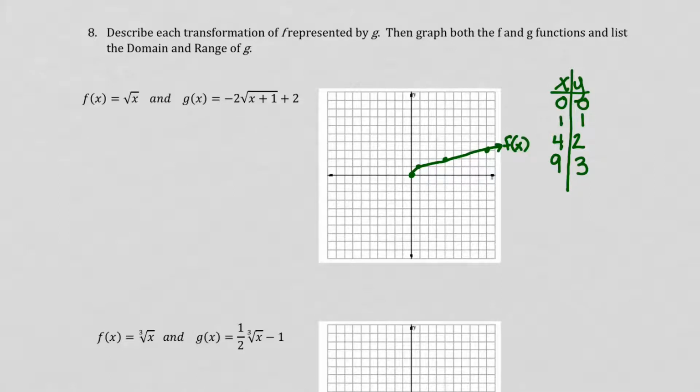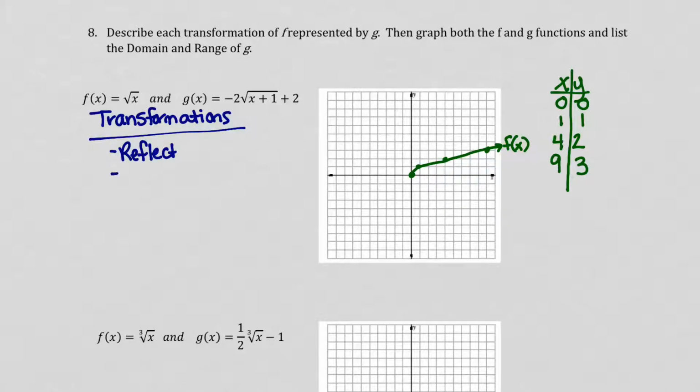All right, it wants me to list the transformations that happen from that parent function to get to g, to get to my new function here. So in the front of function g, I have a negative. That tells me I have a reflection.